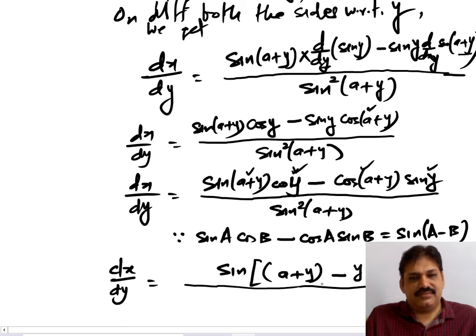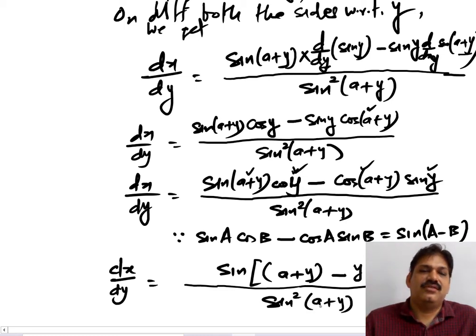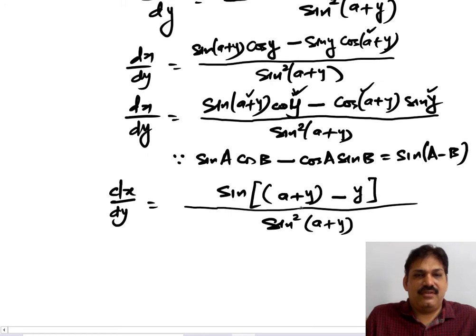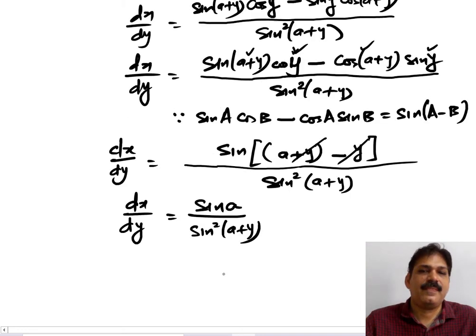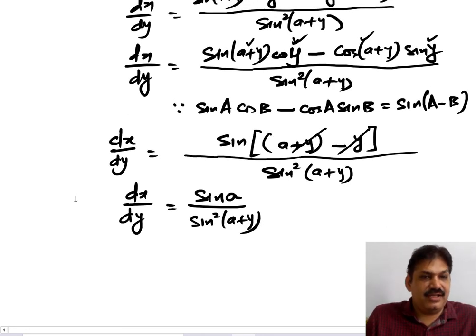So a + y minus y, the y will be cancelled out. So this will give us dx by dy is equal to sin a divided by the square of sin(a + y). But we are interested to find dy by dx.